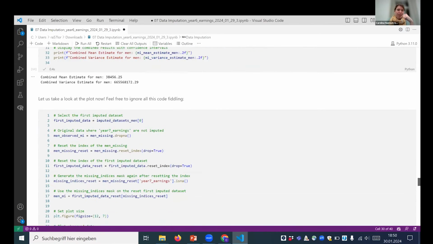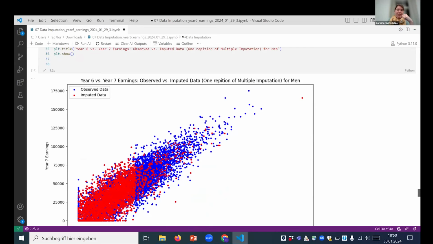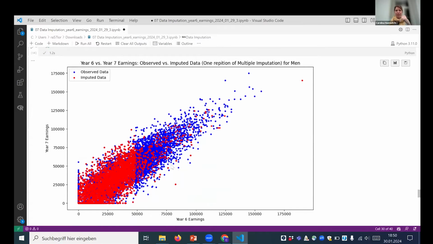And again, jumping to our plot here, what we can see are again the imputed and the observed values, and you probably notice the lines are gone, and instead we have again scatter plots that look kind of similar to the observed values.